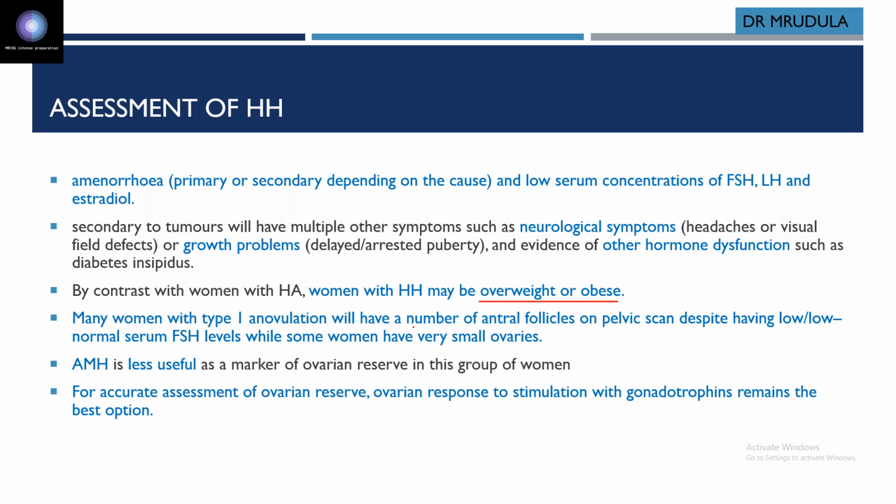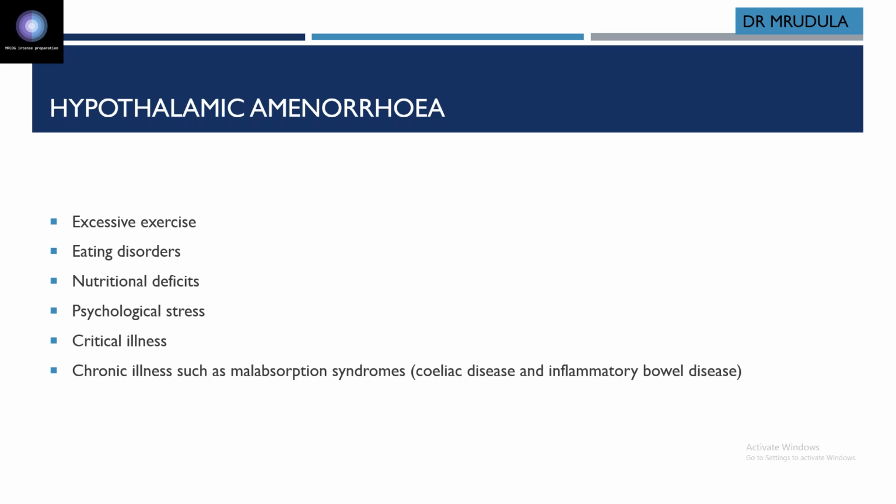AMH is less useful for ovarian reserve testing in these hypo-hypo patients. So how are you going to do the ovarian reserve assessment? By seeing the response of the ovary to gonadotropin stimulation. When you give the gonadotropin hormones, it depends on how much the ovary responds. From that, you measure the ovarian reserve in these patients.